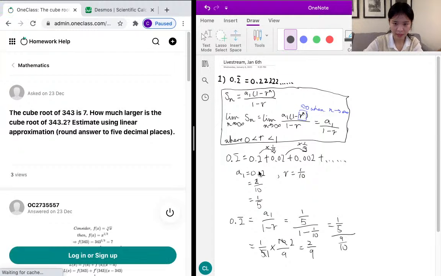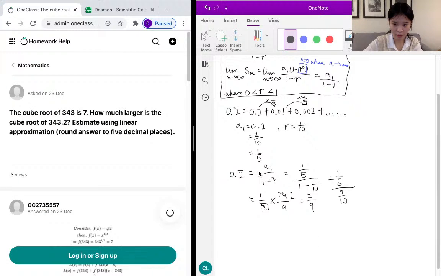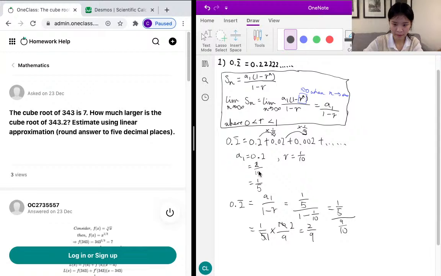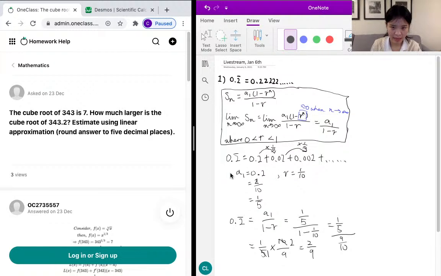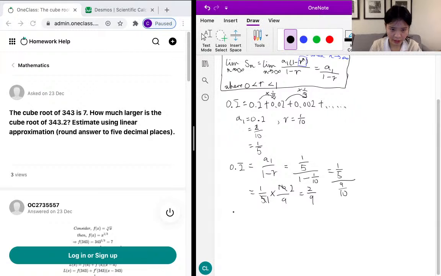Now let's look at our next question, question number 2. It tells us that the cube root of 343 is 7, and asks how much larger the cube root of 343.2 is.